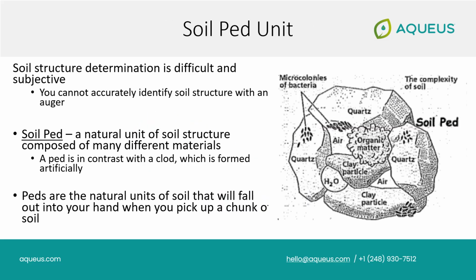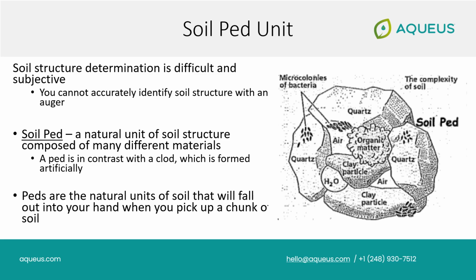If we look at a pedal unit, a clod, if you would, soil ped, microped, we can call it many different things. It's something that we need to look at on a micro scale in many cases. The basic unit can be very small, as we see here. There's a few grains of quartz bound with some clay particles and organic matter.